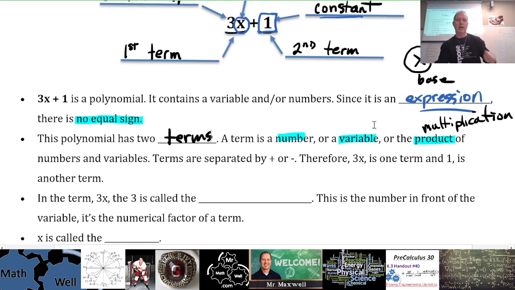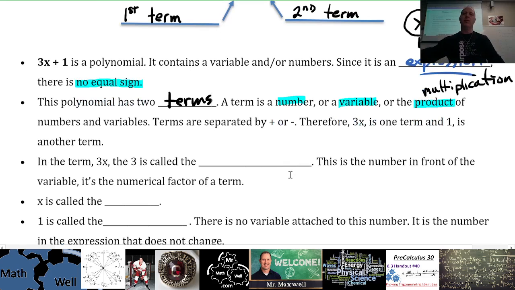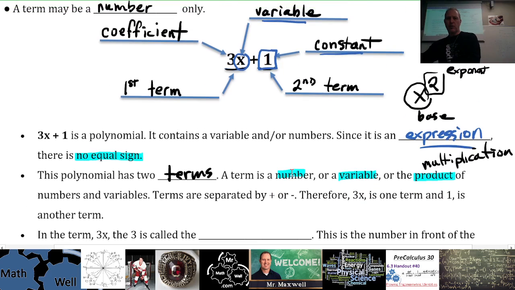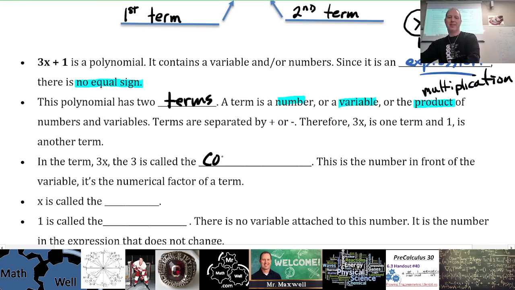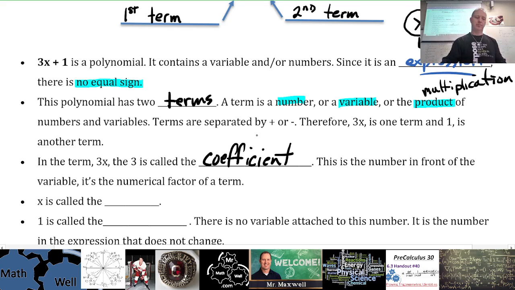In the term 3x, 3 is called the what? Now you know this term. Coefficient. Yeah, coefficient. Lots of repetition here, so you get this in your brain. Coefficient, two F's there.